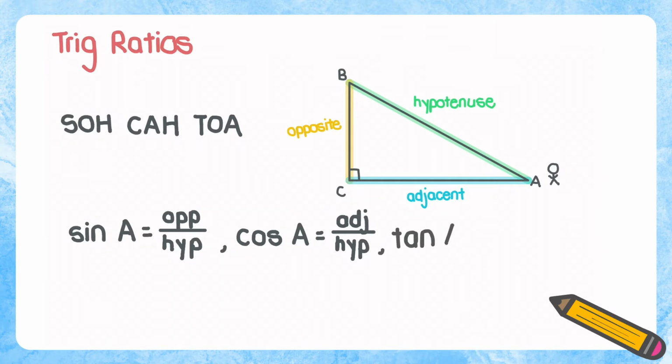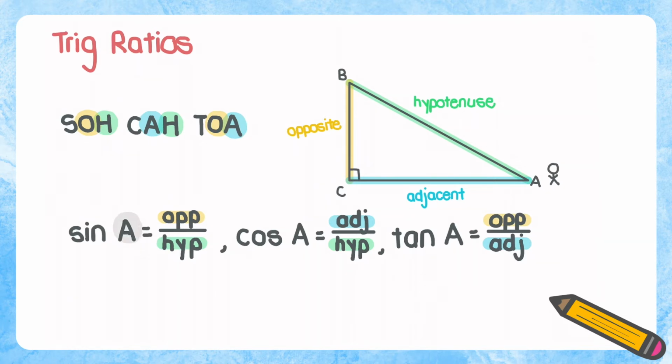The tangent of A equals the opposite side over the adjacent side. And these trig ratios are tools to help us find missing sides or missing angles. In this lesson, we're focusing on how this helps us find missing sides.